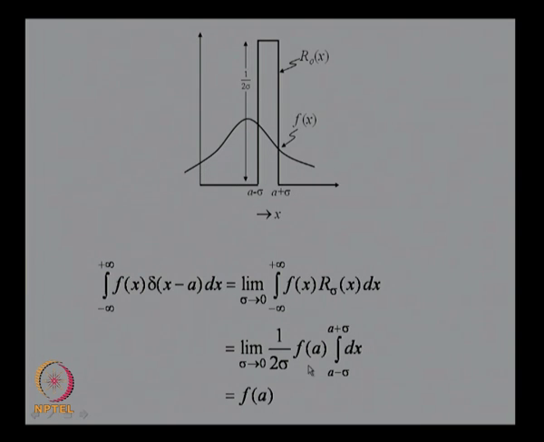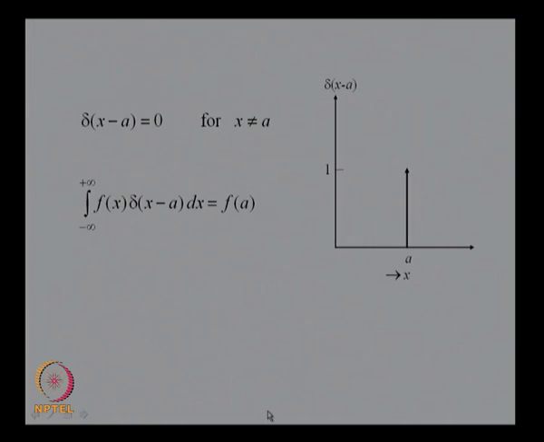So, this becomes f of a. This is the property for any well behaved function f of x. If I multiply by delta of x minus a and carry out the integration, I will get f of a. So, this is the definition of the Dirac delta function.